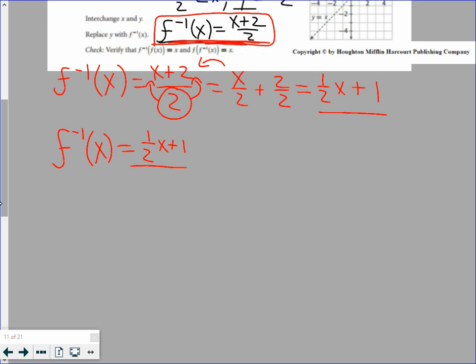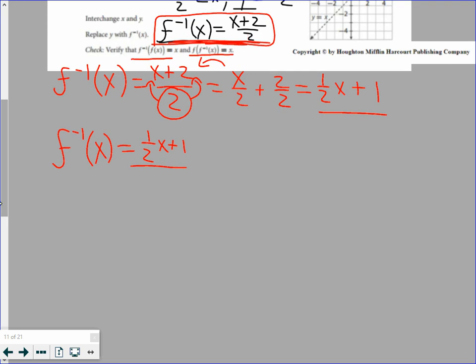So I have my f inverse function now, and what I want to do is verify that it's actually the inverse. And we can do that with something called composition. That's these two equations right there. I'm basically plugging in the inverse into the function and the function into the inverse and making sure they both equal x. And that will tell me that my inverse is actually an inverse.